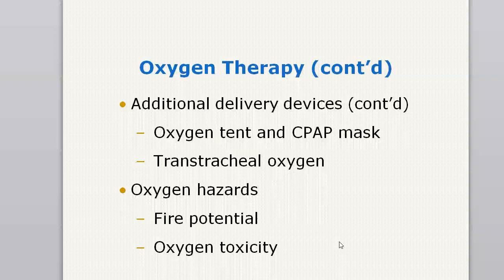So it's just something to think about, because we want the oxygen to be beneficial to them and not harm the patient. So we want to keep an eye on that FiO2 and how much oxygen we are delivering to our patient to avoid the potential problems that we see with too much oxygen given to the patient over a long period of time.